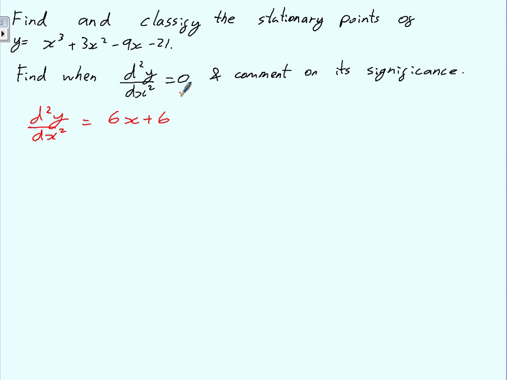So to find when this is equal to 0, I just need to work out 6x plus 6 equals 0. Well, if I solve that equation, I get that x is minus 1. And comment on its significance, well, when the second derivative is 0, this means it is a point of inflection.